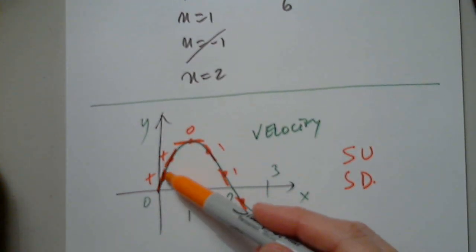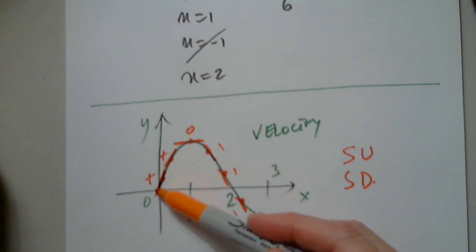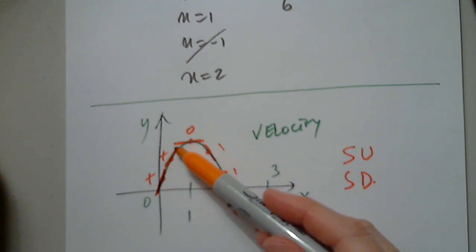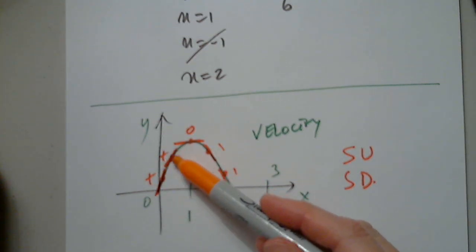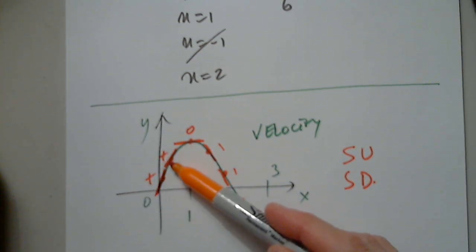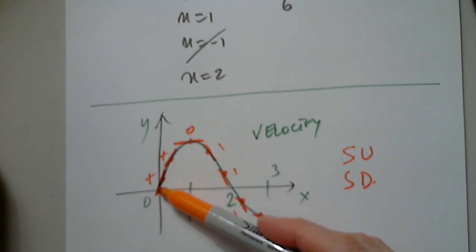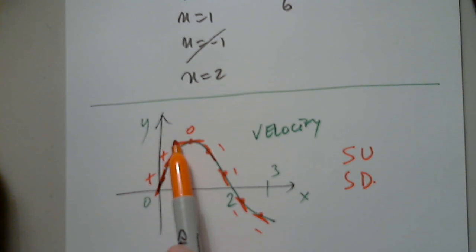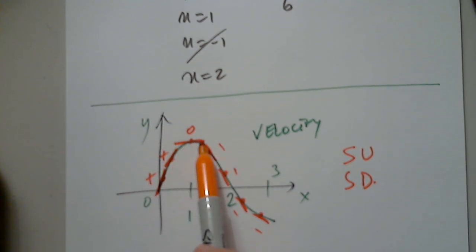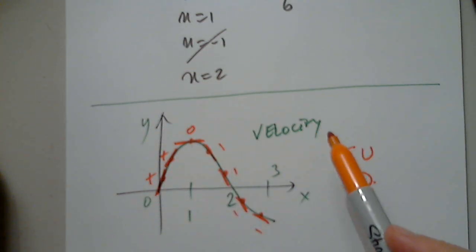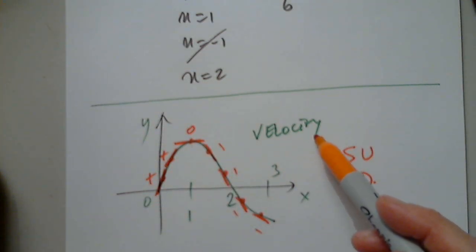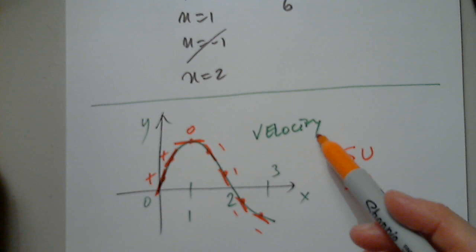So the acceleration here is positive. Here is also positive, but it's smaller than here. And then the acceleration is 0 here, so at the maximum velocity.